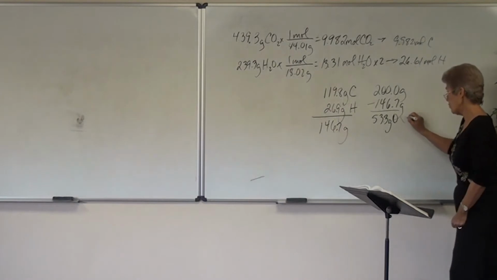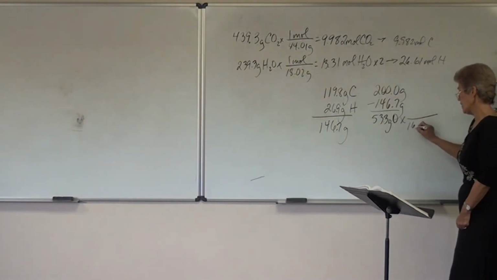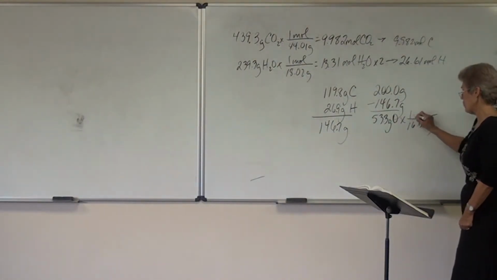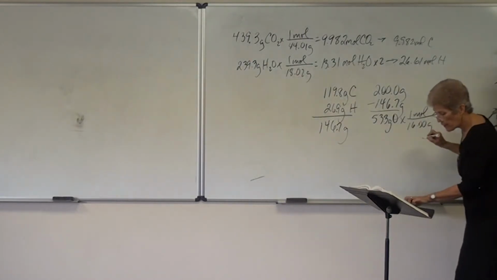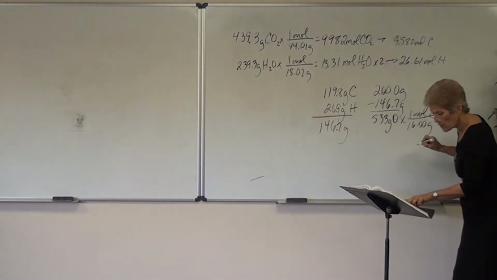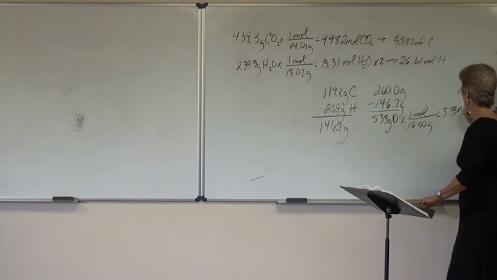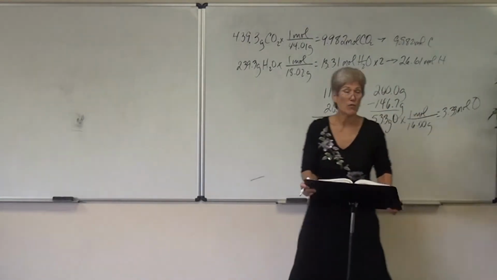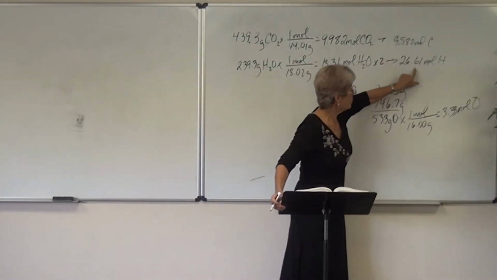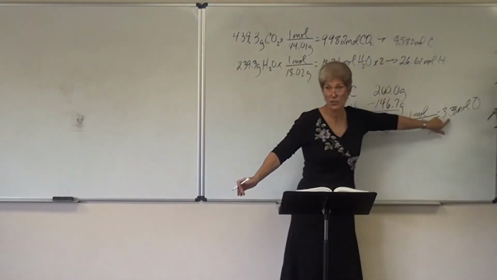So we want to take that to moles. So we're going to go 16.00 grams to every 1 mole. And that's going to give us 3.33 moles of oxygen. Now, over here we have the moles of carbon, the moles of hydrogen, and the moles of oxygen.